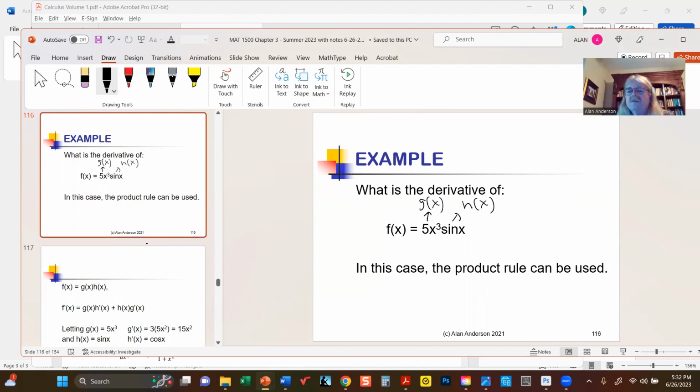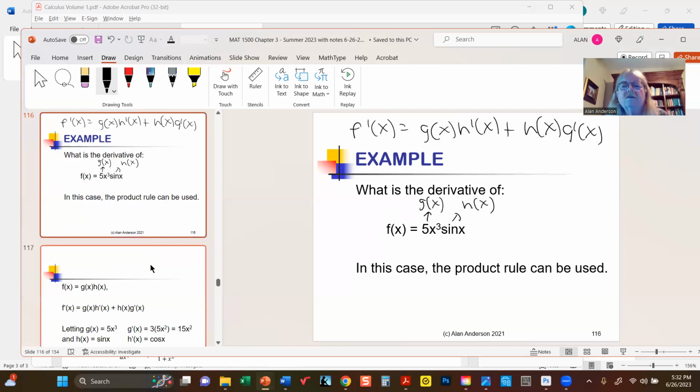And now we can use the product rule. There we go. Just a quick reminder, that's the product rule. So why don't we calculate the separate derivatives individually?